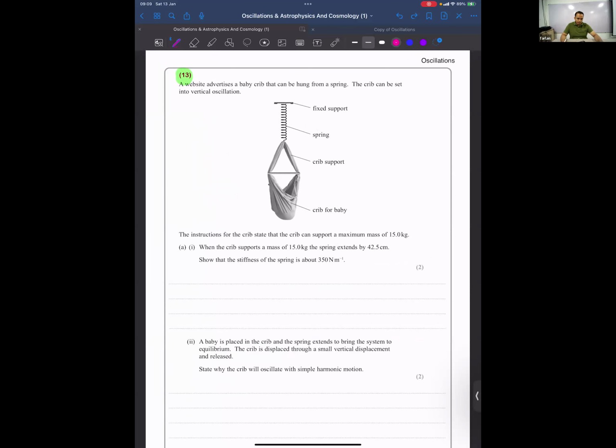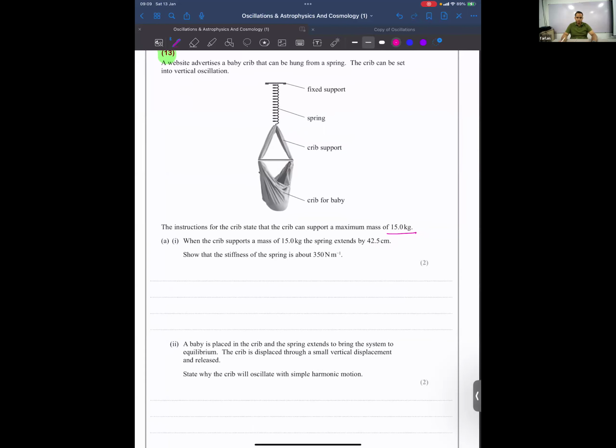The crib can be set into vertical oscillation. The instructions for the crib state the crib can support a maximum mass of 15 kilograms. When the crib supports a mass of 15 kilograms, the spring extends by 42.5 centimeters. Show that the stiffness of the spring is about 350 newtons per meter.